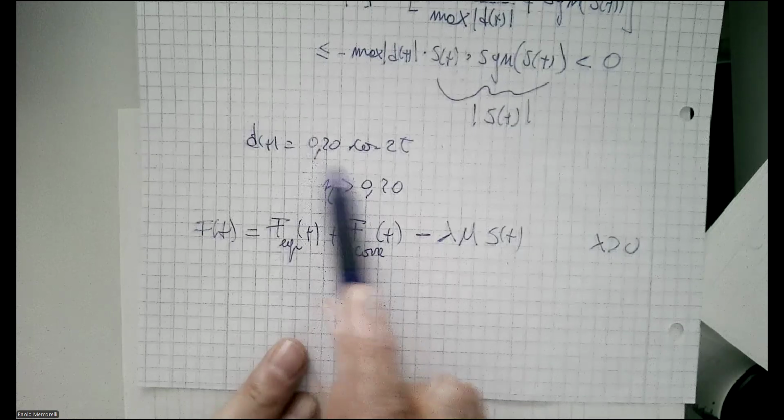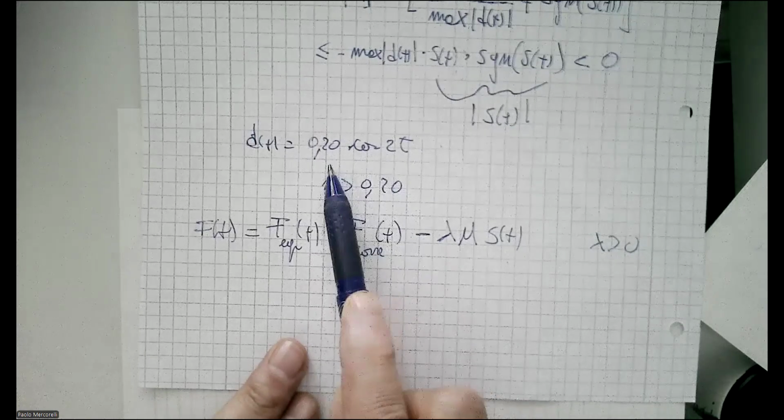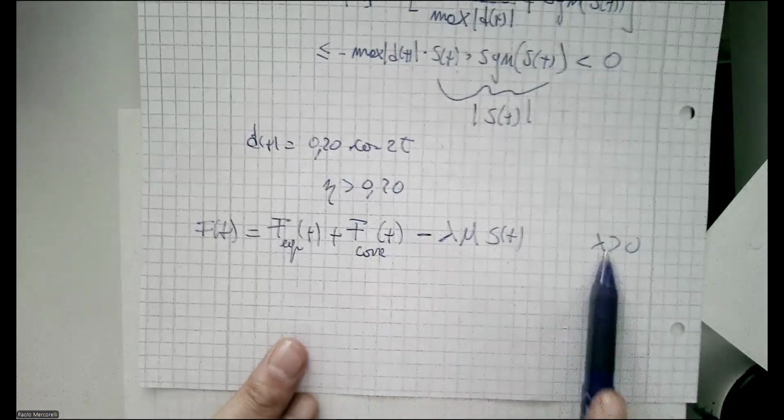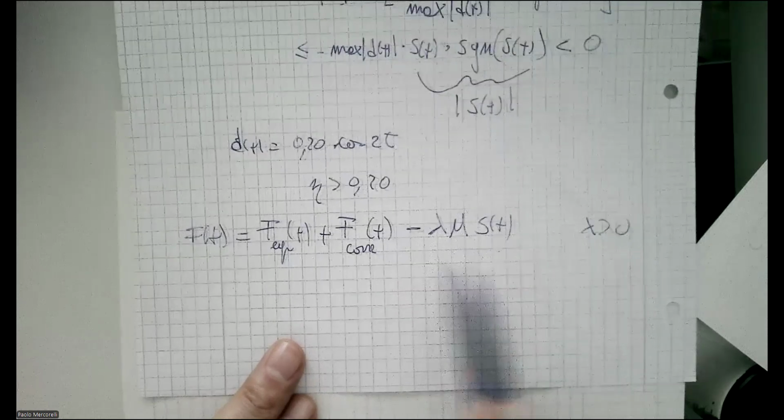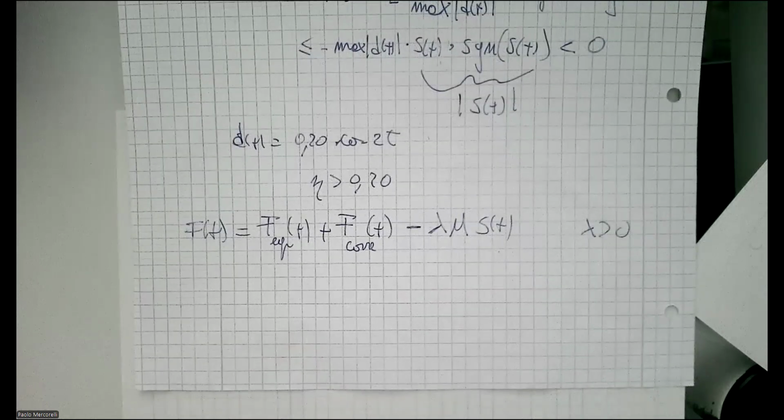I mean, this concept here remains, because if I have a disturbance, this element here generates basically oscillation, so large oscillation around s equals 0.